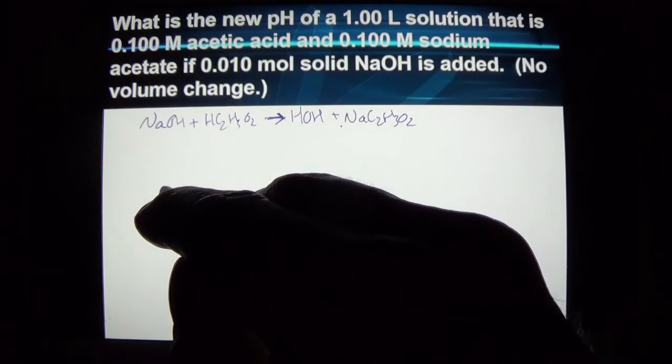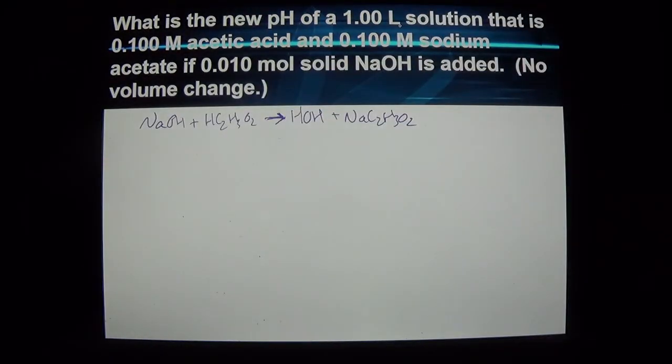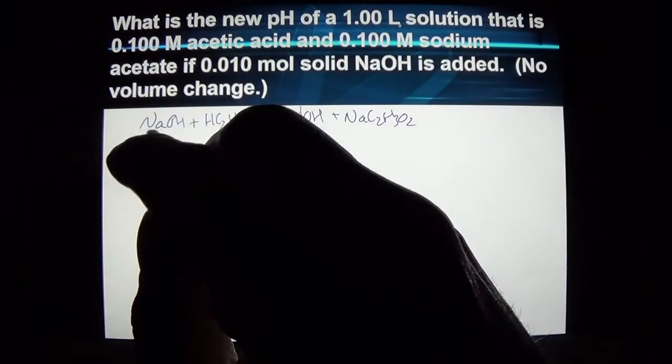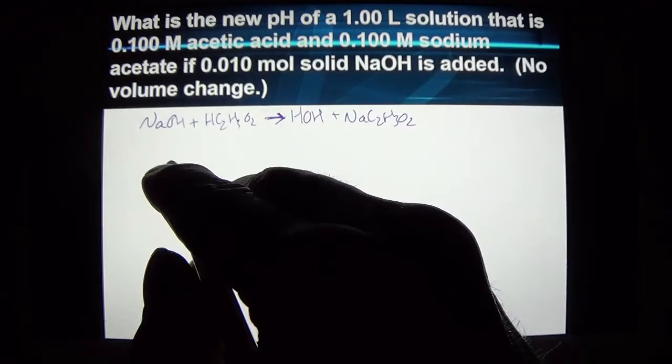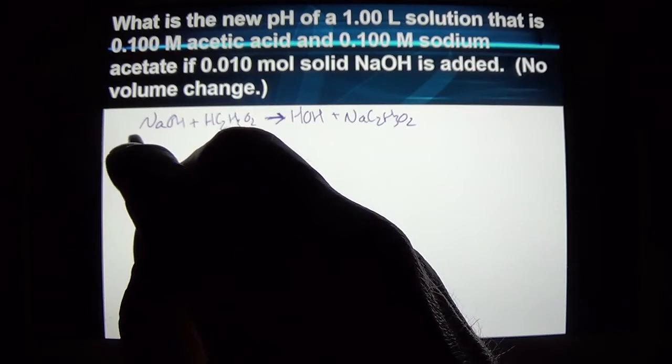Now I'm also adding solid sodium hydroxide to a liquid, so I'm not going to change the volume of the liquid in total, but when you do add a liquid to a liquid, you get dilution, and you do want to be careful you account for that. So I'm going to work in moles and build a quick neutralization RICE table.